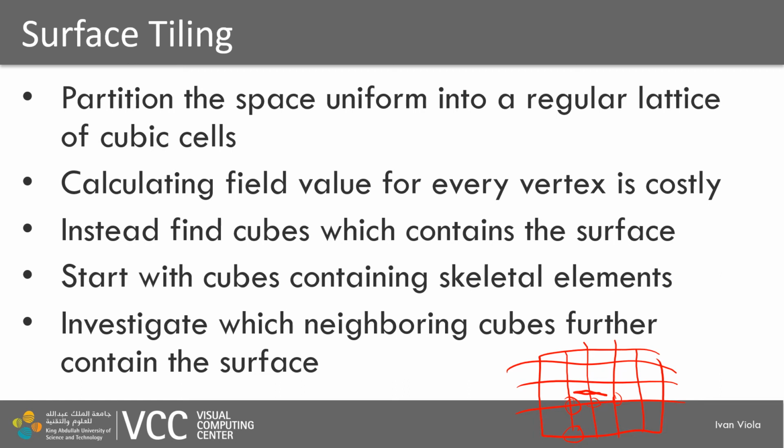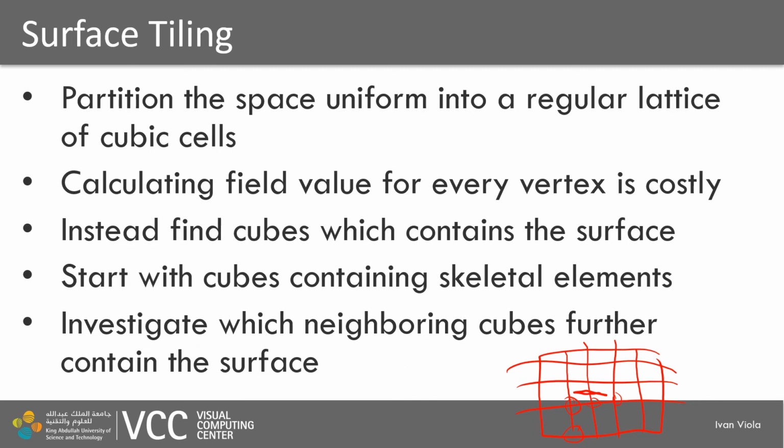Then we will have a cell inside which there will for sure be the implicit surface. And once we have this information available, then we can visit the neighboring cells in order to evaluate where the surface continues, and then basically go around all the surface and mark all the cells through which the implicit surface is intersecting.